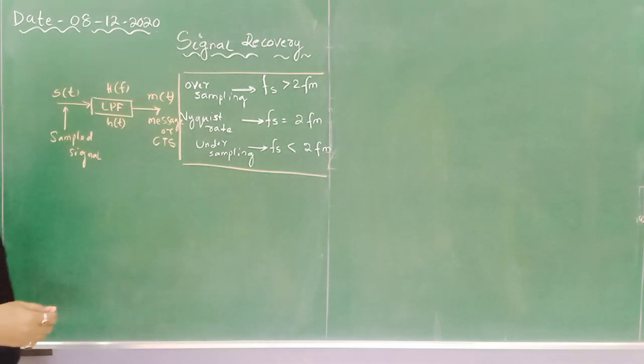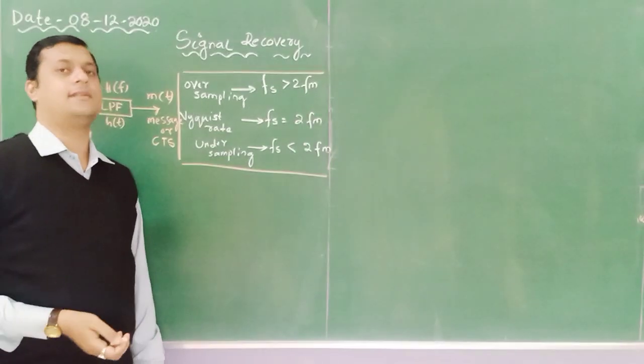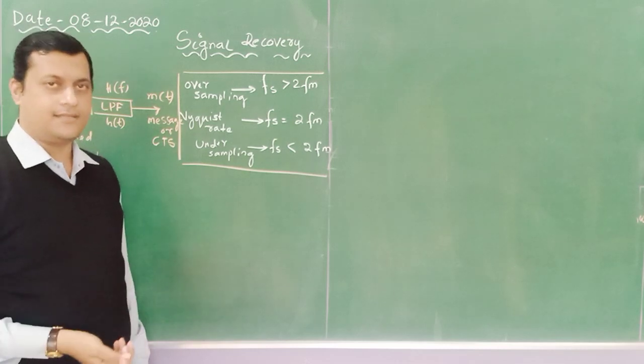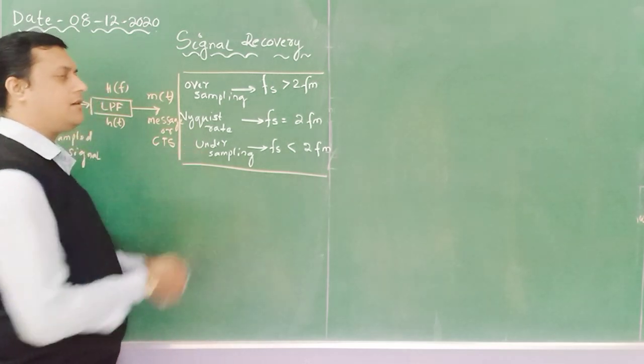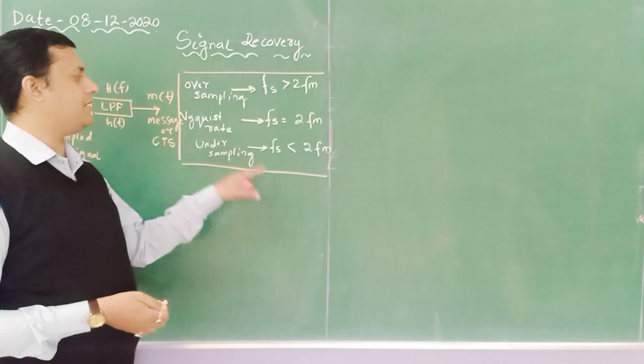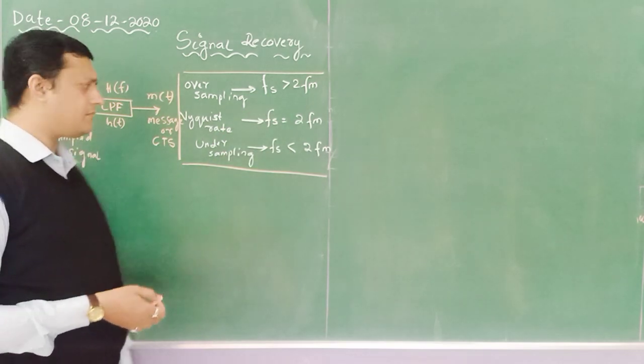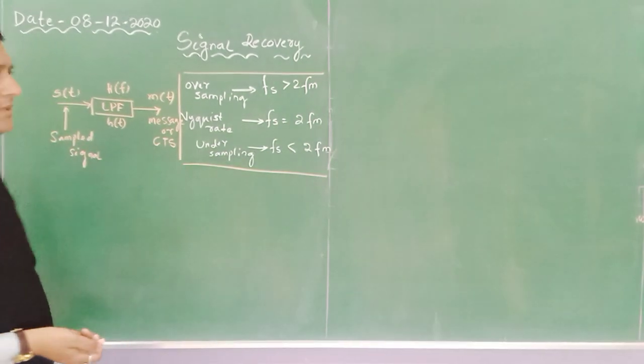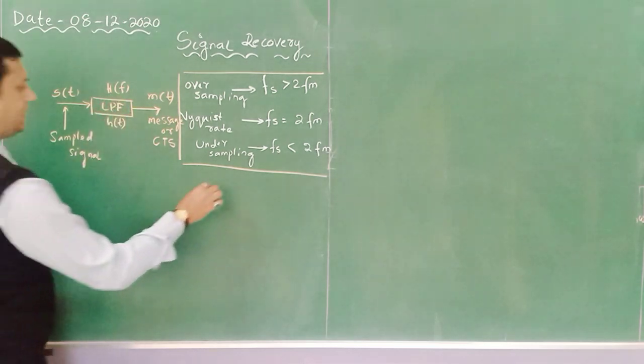Now last class we discussed instantaneous sampling, so we get some sort of spectrum for these particular cases. Now how to extract it? Let us consider the filter response.